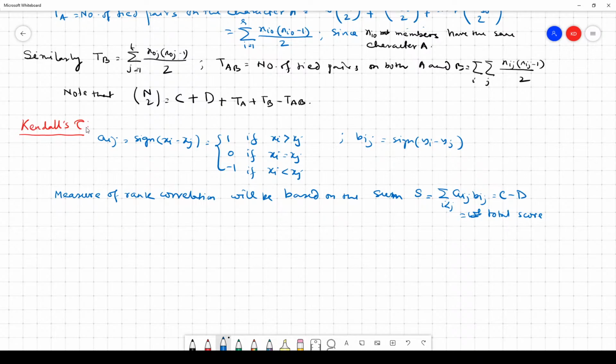Here we have two choices to make a measure of association.